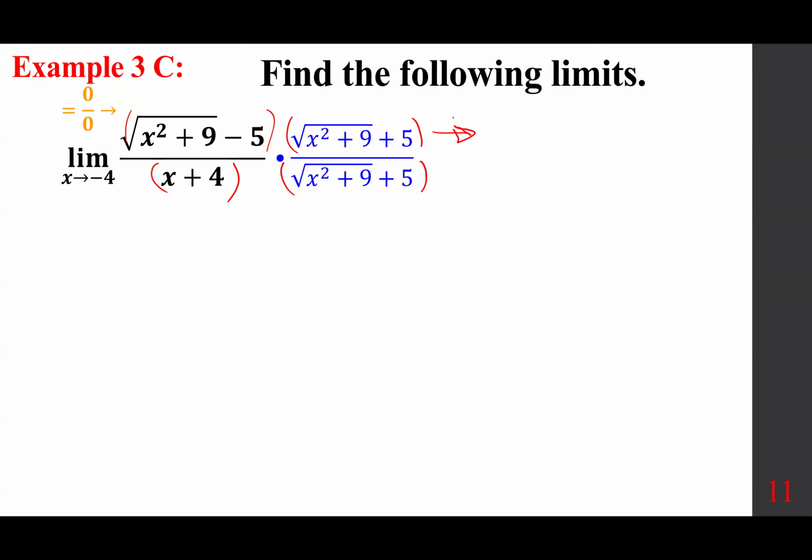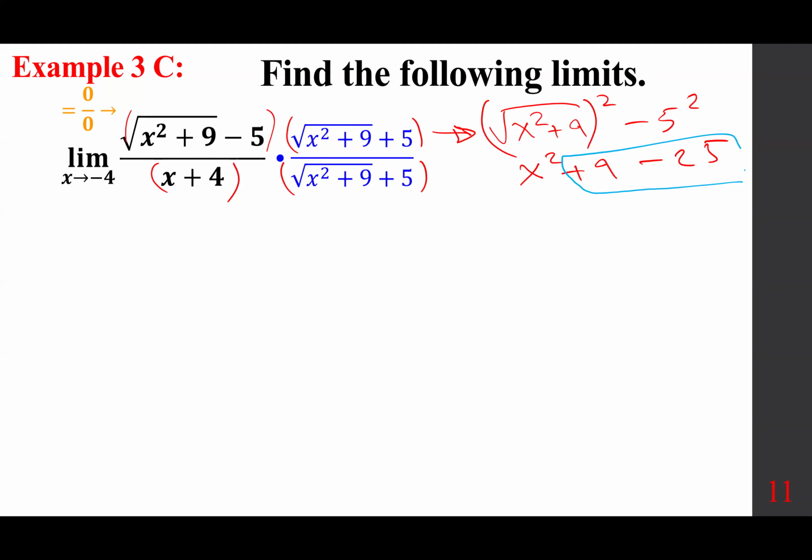So a minus b times a plus b is the square root of x squared plus 9 quantity squared minus 5 squared. This comes out as x squared plus 9. This becomes 25. These two numbers add up to -16.